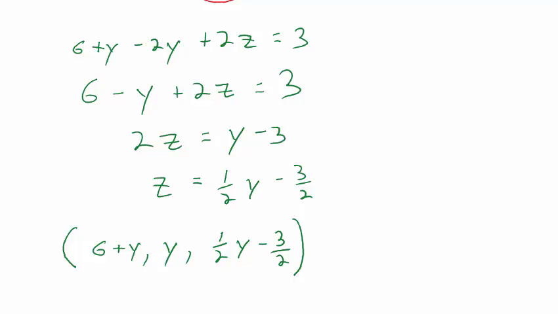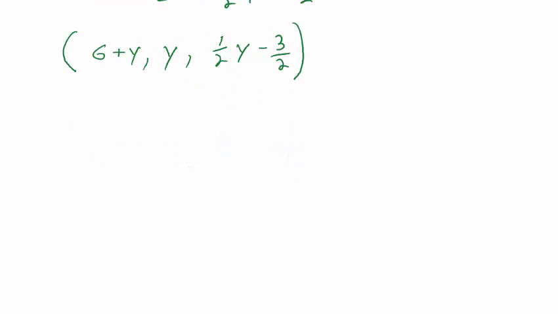But it's also a representation of the parametric equations of the line. We could let x equal 6 plus y, we could let y equal y and z equal 1/2 y minus 3/2. That's what we just found.